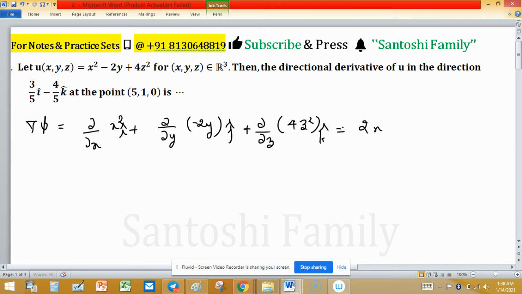You can write it yourself: 2x i cap, minus 2 j cap, plus 8z k cap.